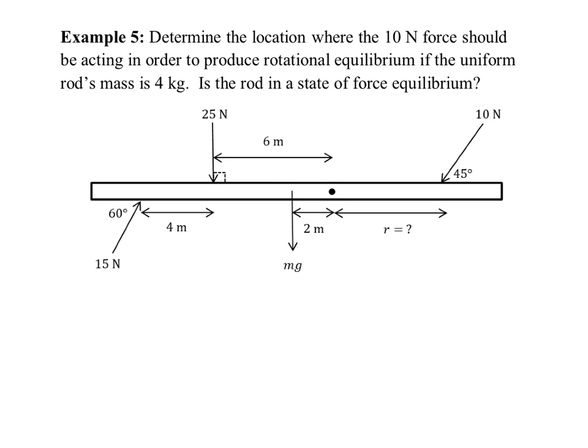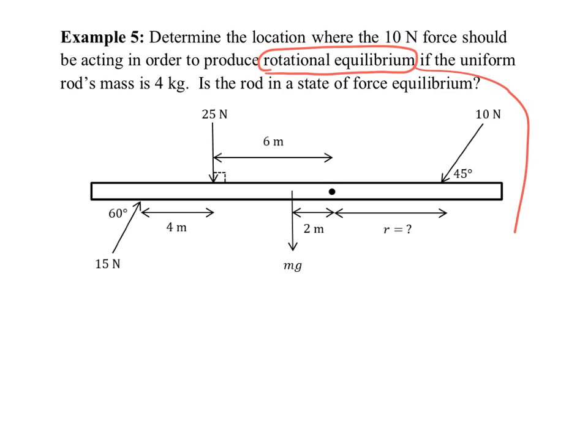So these two are going to cause clockwise rotations, and these two are going to cause counterclockwise rotations. So there's a chance that these could be balanced. Well, that's what we're trying to do: figure out what R should be to produce rotational equilibrium.